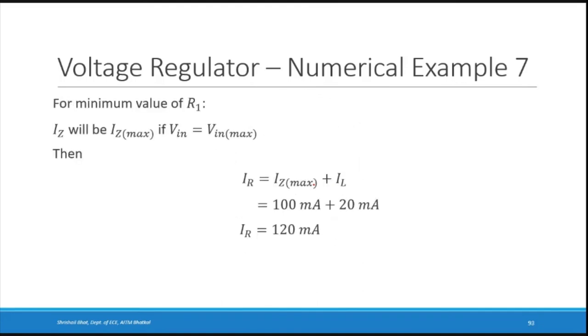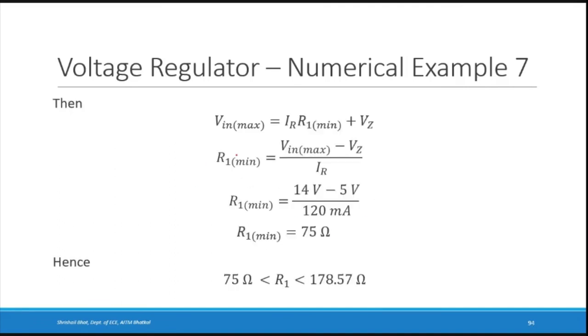For minimum value of R1, IR will be maximum, so IZ max and Vin max will be used. IZ max is 100 milliamps, which you found from that power, plus 20, it is 120 milliamps. If you use this in the equation, Vin max will be equal to IR into R1 min plus VZ. So R1 min will be Vin max minus VZ by IR.